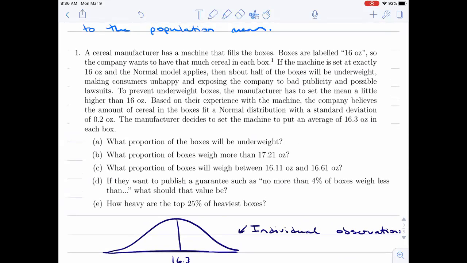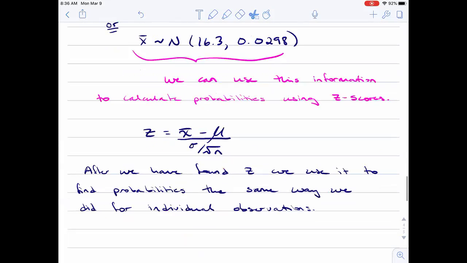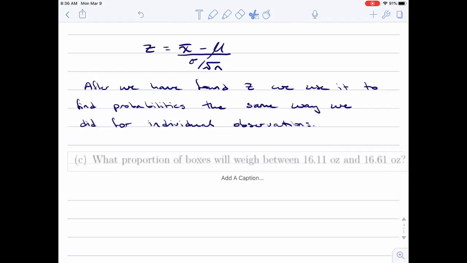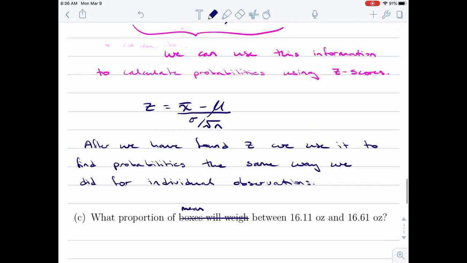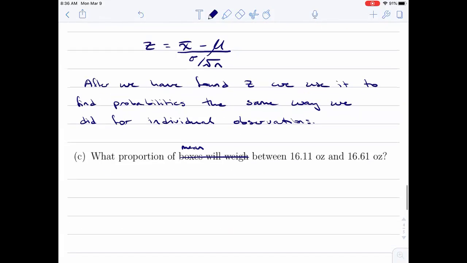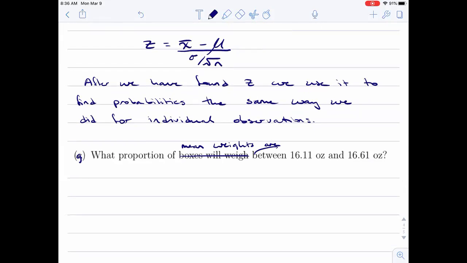If I just steal this, we'll reword it for a mean. So, what proportion of mean weights, I guess this was part F, so this must be part G, seamless. What proportion of mean weights are between 16.11 ounces and 16.61 ounces?